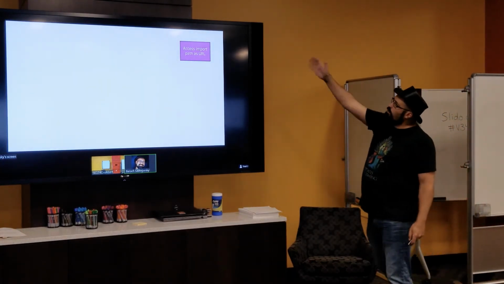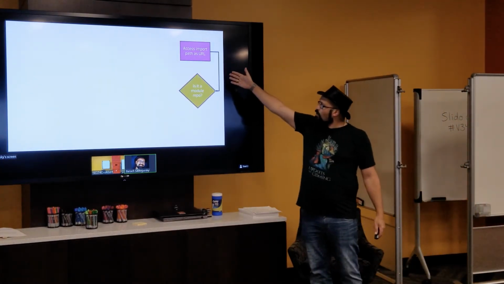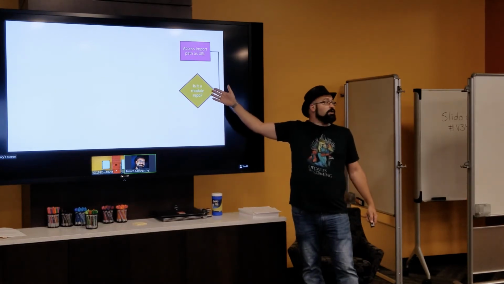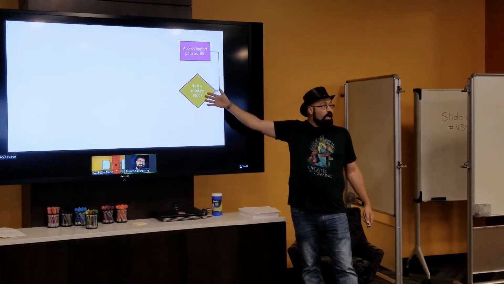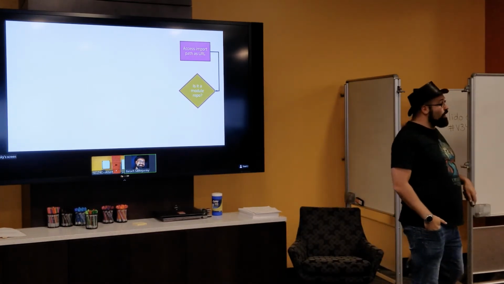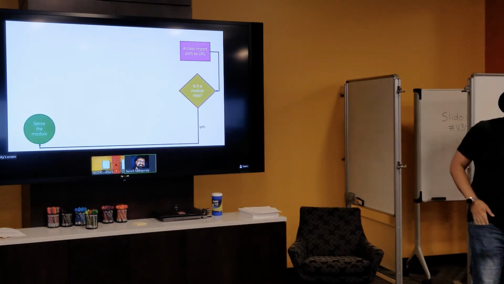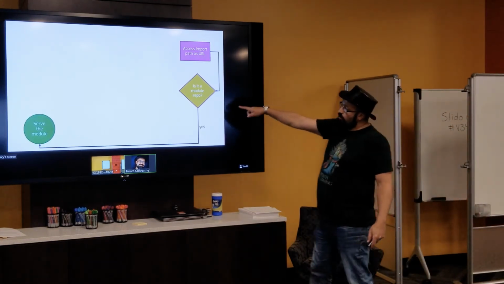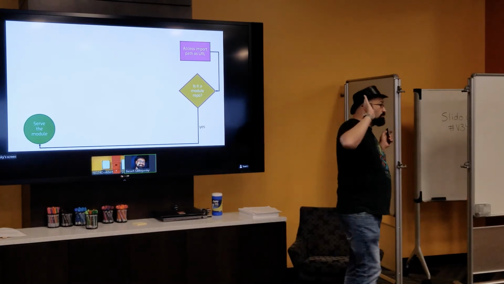And the way it works, that's our same diagram. We access the import path as URL, and now we will check if we have this GOPROXY setting. If we have GOPROXY setting, this is where it will be checked. If there is a module there, then we will just serve the module.